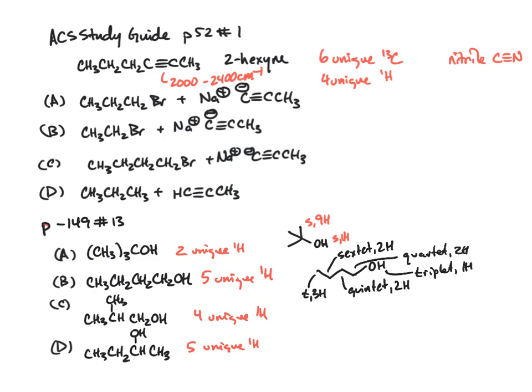So that's how you would tell from there. Let's just do this one. The CH3s will be what? A doublet that integrates to 6.